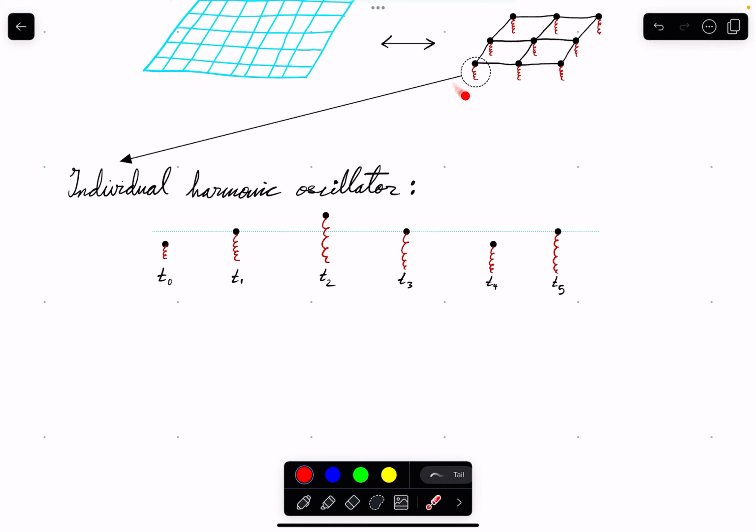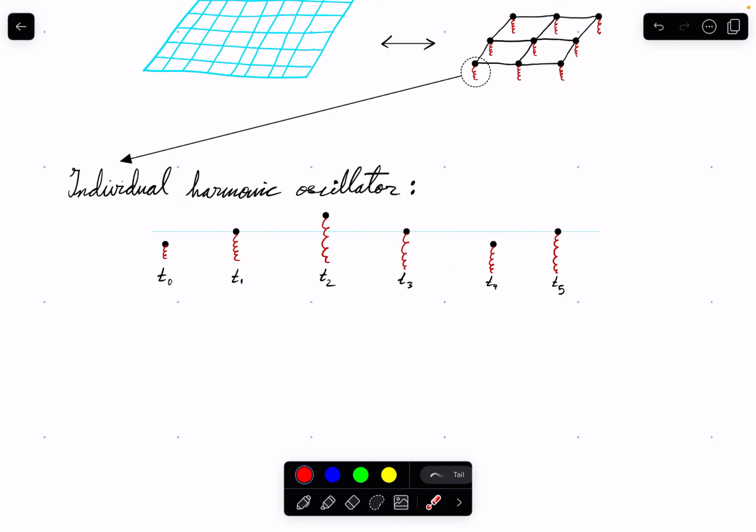An individual little ball in this mattress will oscillate up and down. If it's pressed down, it has some energy, and so over time it's going to go up and down and oscillate.